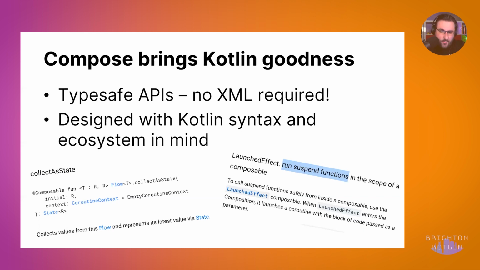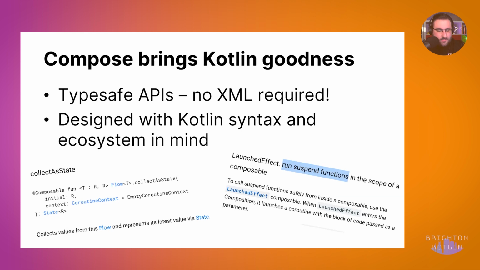You're not going to end up writing an XML declaration of your user interface. Of course, if you're doing server-driven UI, you might be writing a GraphQL representation first and then going from there. But generally, you can really write very nice and concise, pure Kotlin code.